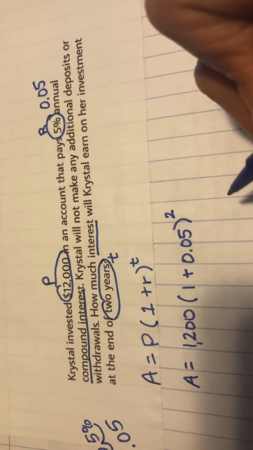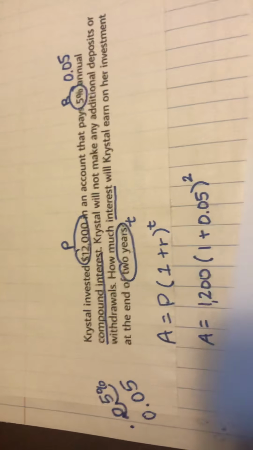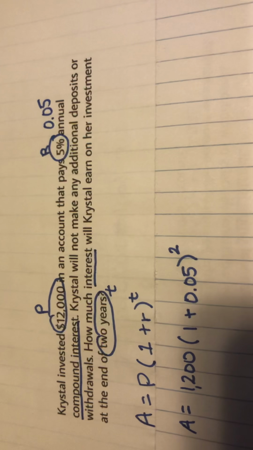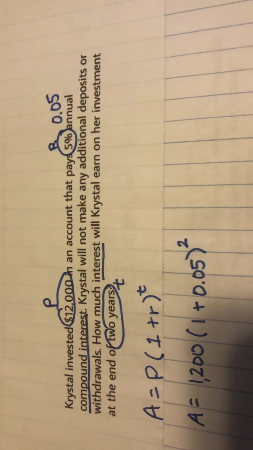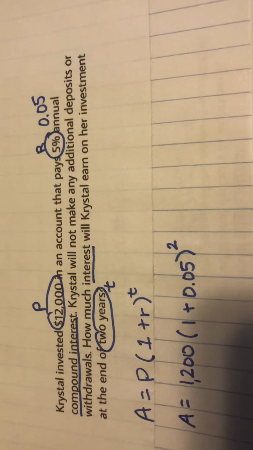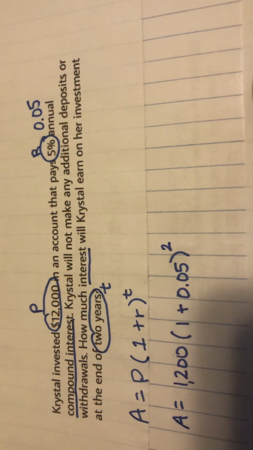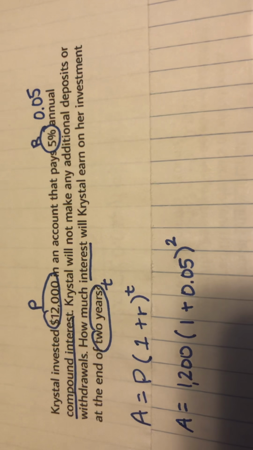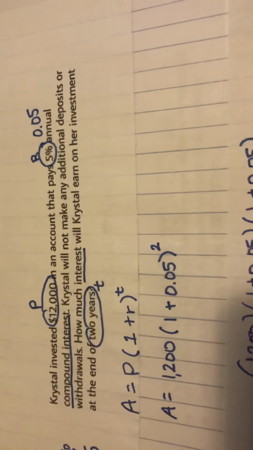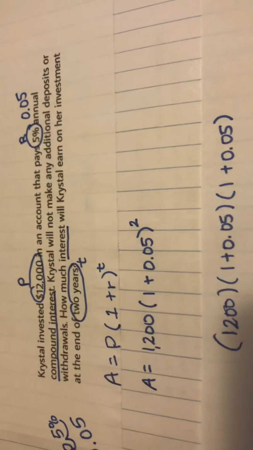So that's squared. Okay, again, if you don't have a calculator, what does that look like? That looks like $1,200 times 1 plus 0.05 times 1 plus 0.05. So I would do that first and then take that answer and multiply it by this if you don't have a calculator.